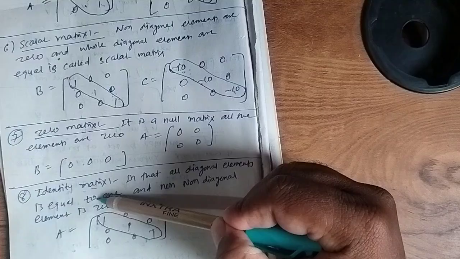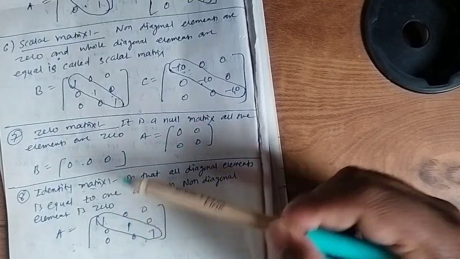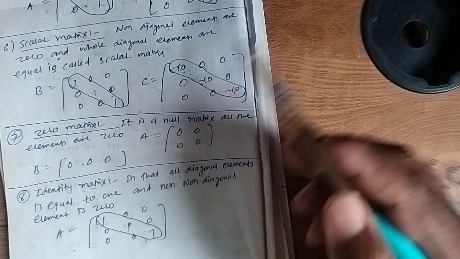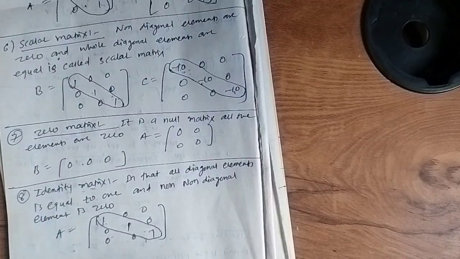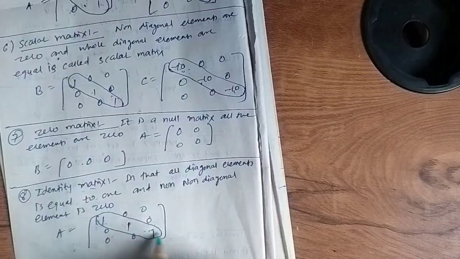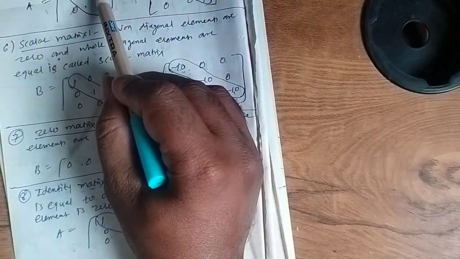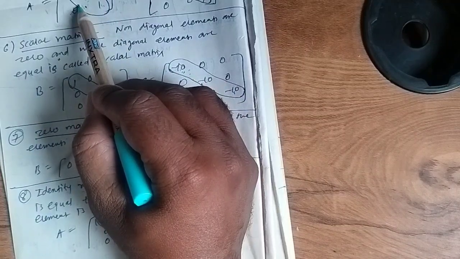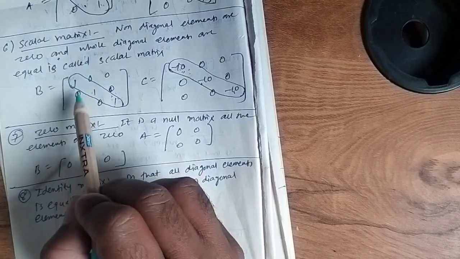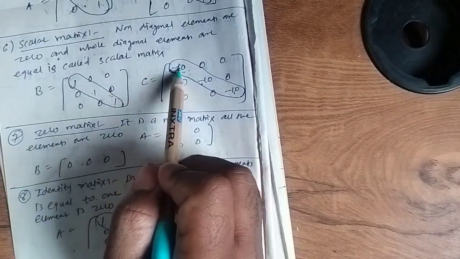But for identity matrix, it must be 1 and all the elements except diagonal elements are 0. This is the condition of identity matrix. The diagonal element must be 1, but in a diagonal matrix it may be different or the same. In a scalar matrix it may be the same or different with its sign.